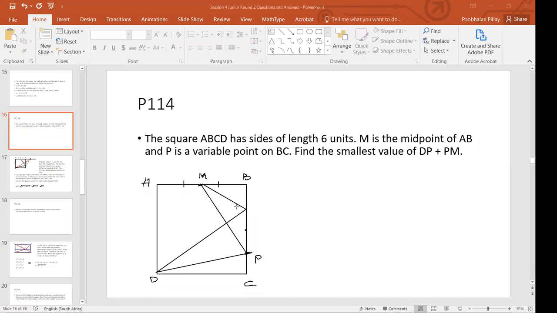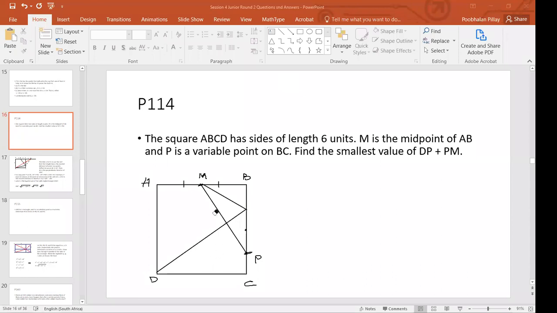You've got lots of possible numbers here. DB plus BM is one of them. DC plus CM is one of them, right? Because P can be B or it can be C or the midpoint or anywhere here. But which one gives you the smallest possible sum? So that's the challenge of this problem, to find this point P.